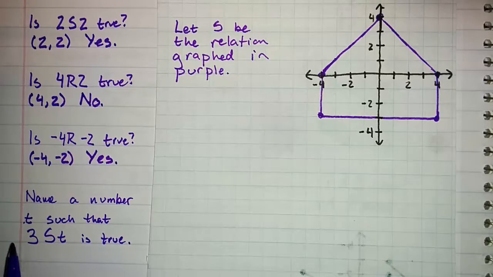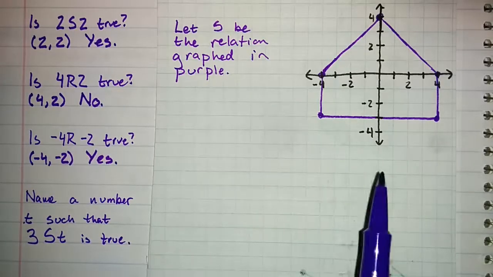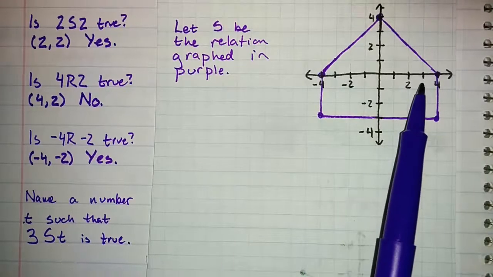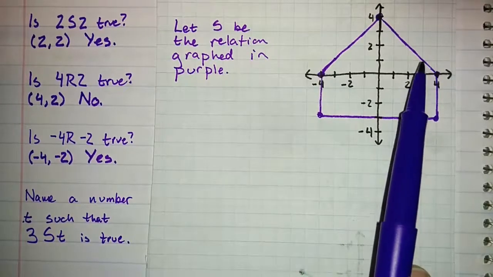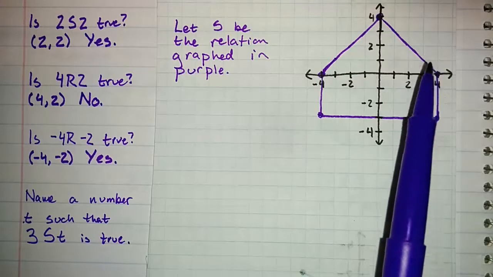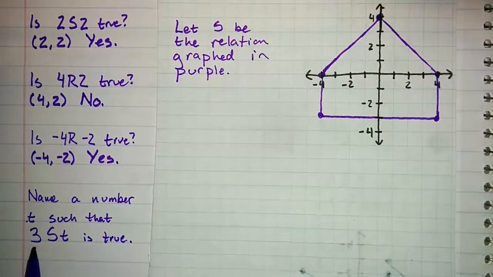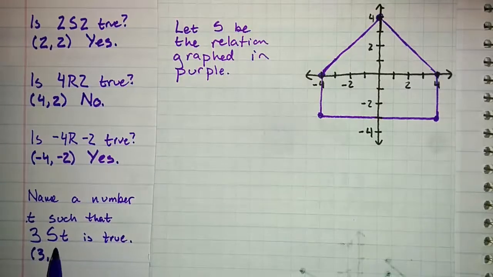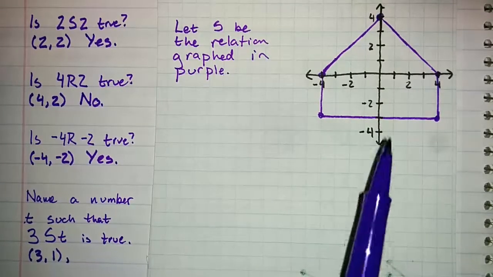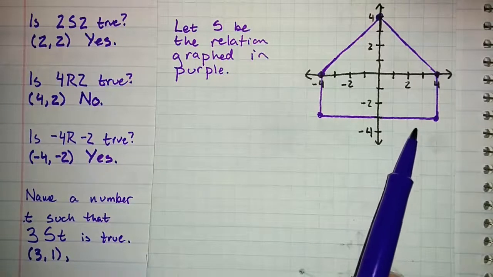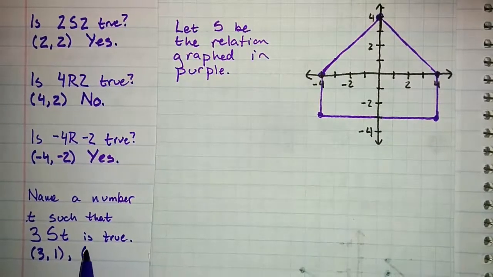Name a number t such that 3 R t is true. Well, so we want points with x-coordinate 3 that are on the graph. I see 2 such points. I see 3, 1 and 3, -3.